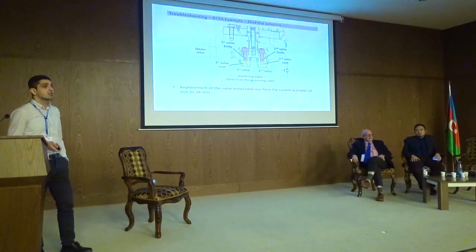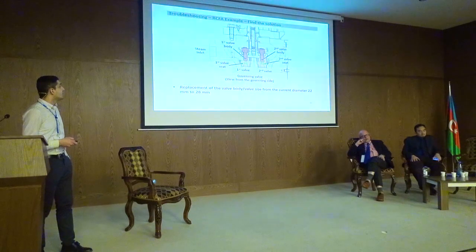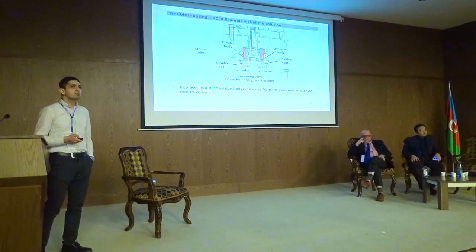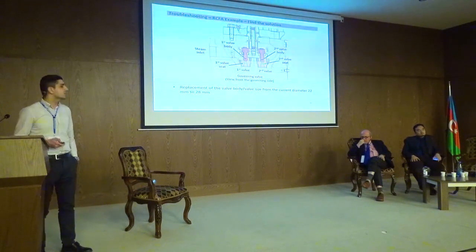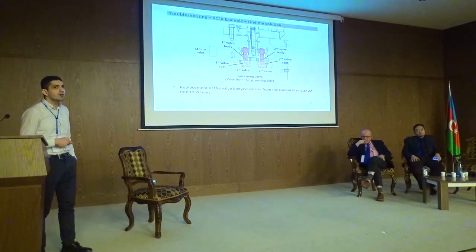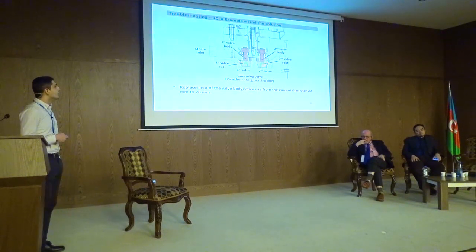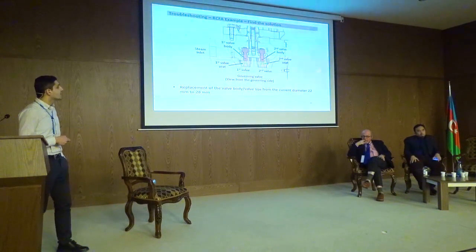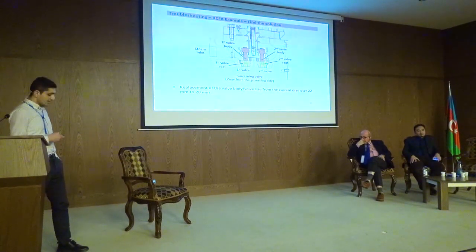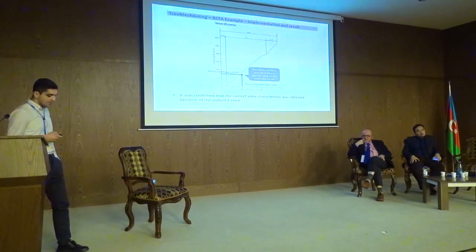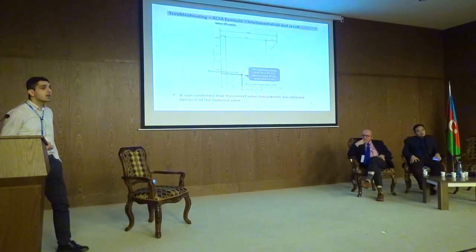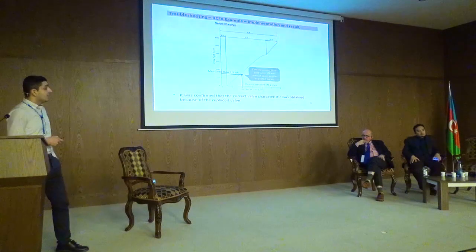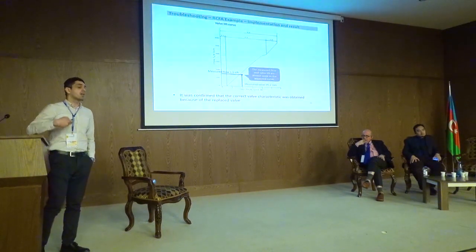The solution, of course, because it is very costly to change the valve itself, was that we decided to increase the valve size and the valve seat size. The vendor came to the site, did some modification works, and increased the valve size and the valve seat size. Then we did the turbine solo run again.